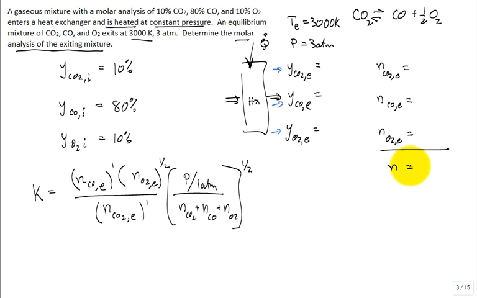Then the molar analysis, my final answer, is the number of moles of CO2 exiting divided by the total number of moles exiting. Likewise for CO and for O2. See how we do that? So I prefer to work in terms of N's.